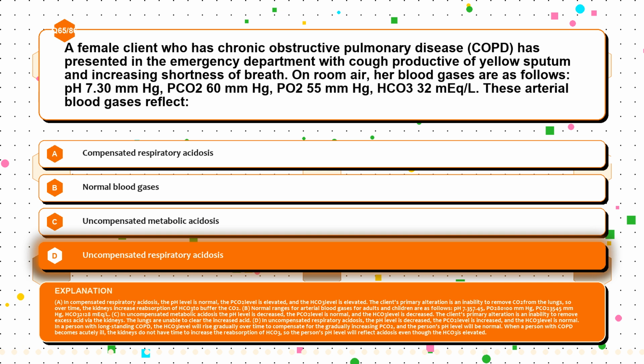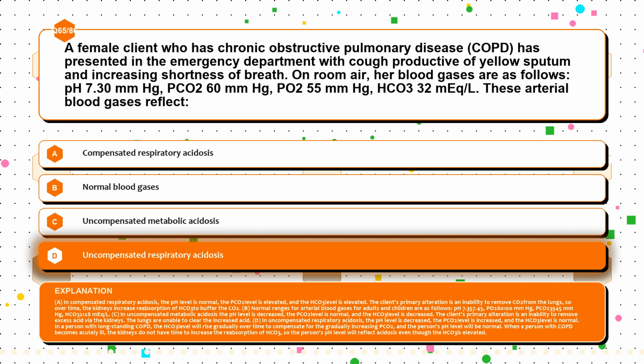B. Normal ranges for arterial blood gases for adults and children are as follows: pH 7.35 to 7.45, PO2 80 to 100 mmHg, PCO2 35 to 45 mmHg, HCO3 22 to 28 mEq/L.